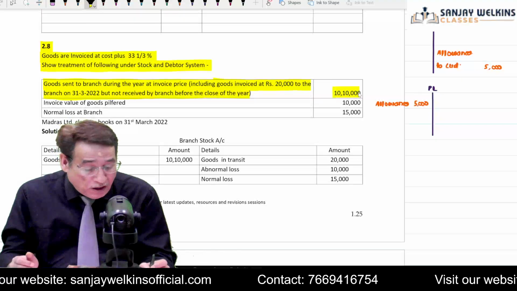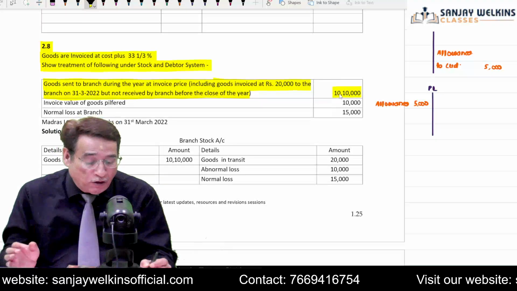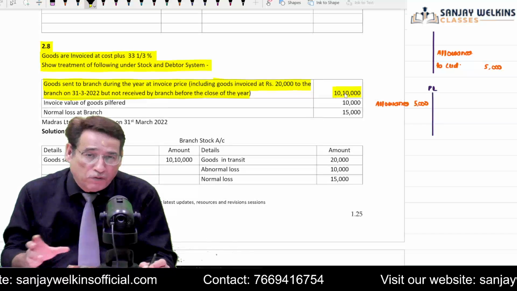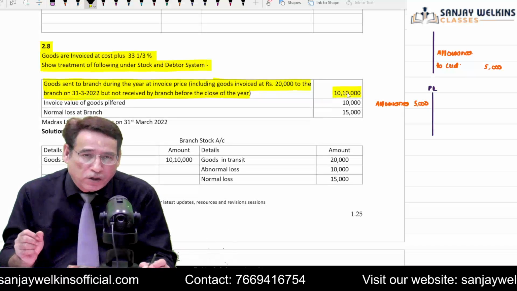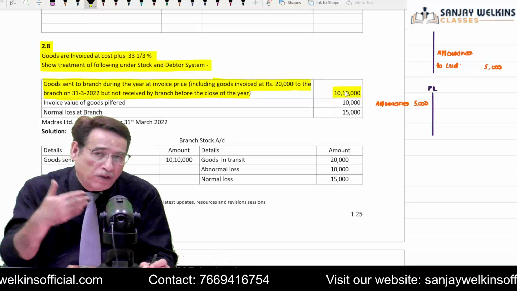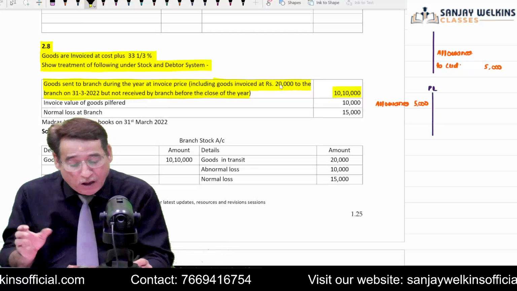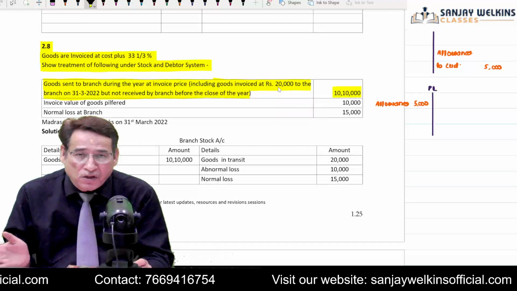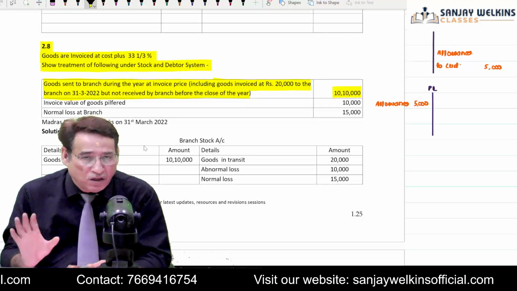What does it mean actually? Indirectly it means head office has sent 10,10,000 worth of goods to the branch, of course at invoice price. And out of these, 20,000 worth of goods are still in transit. Is it clear to you?